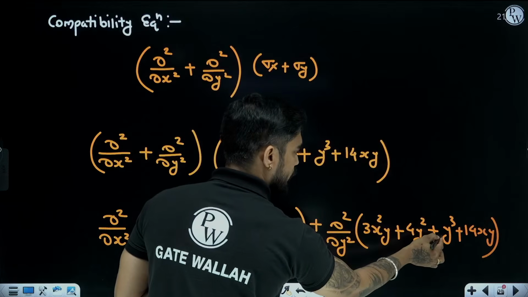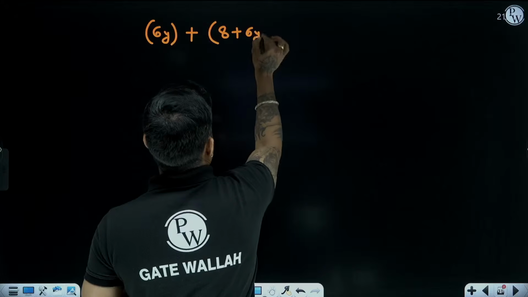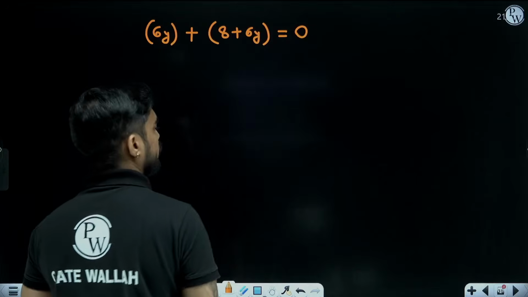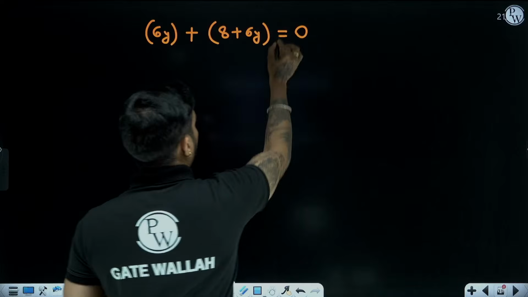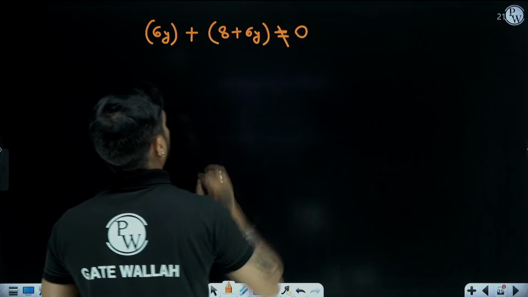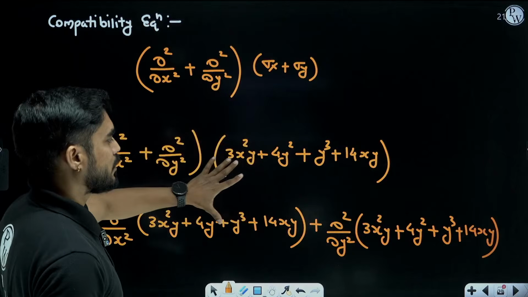And this will become 6y. So this is not getting 0, right? So it means that the compatibility equation is not satisfied.